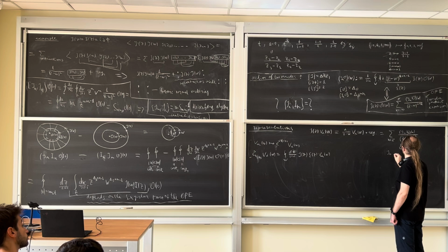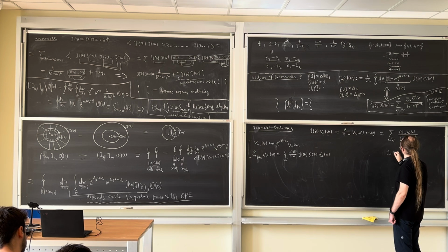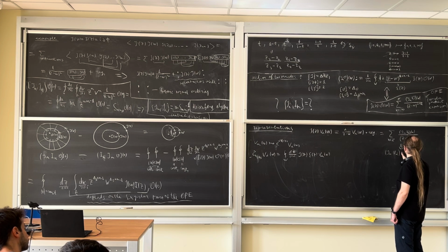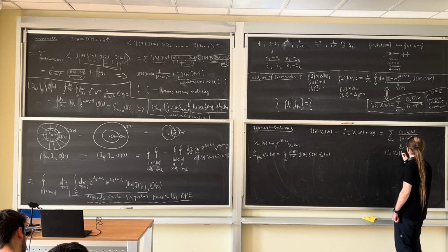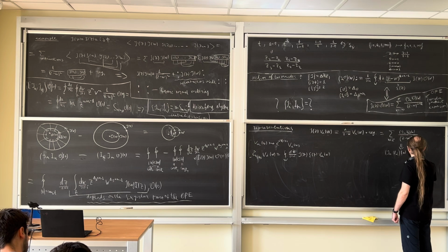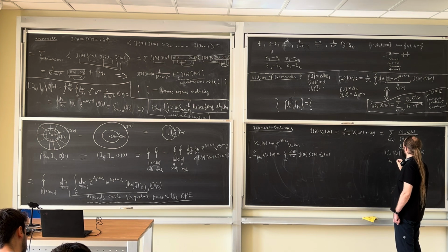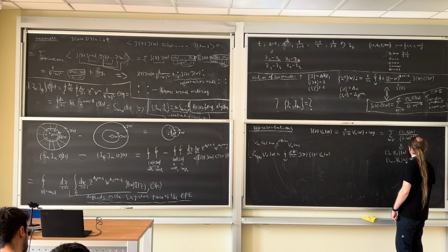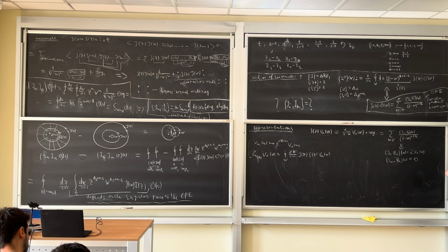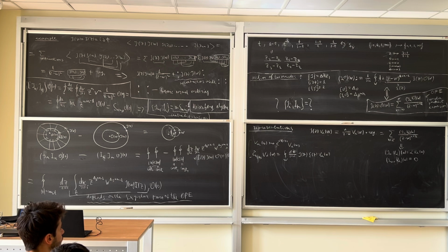So J0 acting on V alpha of W is alpha V alpha of W, and J_n with positive indices act just by zero, right?